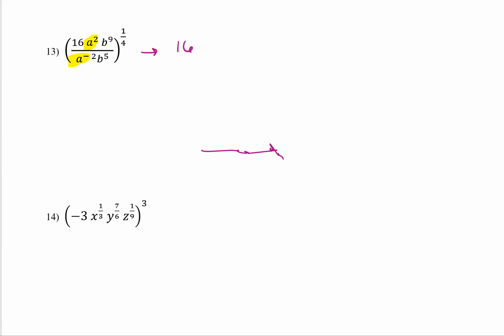So that simplifies to a to the 4th, 2 minus negative 2. And then I have b to the 9th divided by b to the 5th. Same base, dividing, keep the base, subtract the exponents. 9 minus 5 is 4. And then all of this is to the 1/4 power.